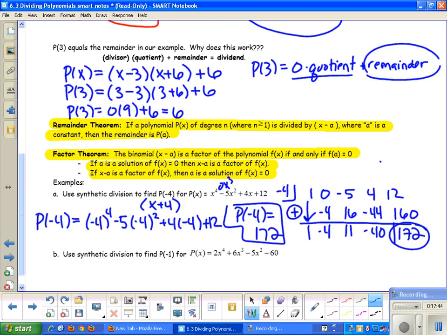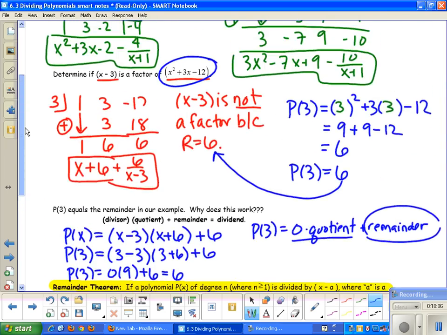So if you go ahead and plug this into your calculator, you'll notice that you do get 172. If you don't for some reason, either you plugged it into your calculator incorrectly or maybe you did your synthetic division wrong, but you should get p of -4 equals 172. And this is really cool because that means that it's a way to check your long division or synthetic division.